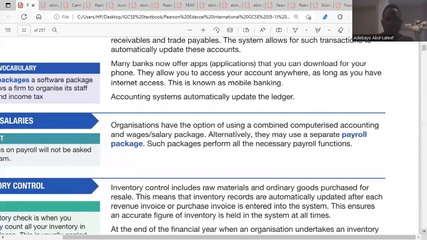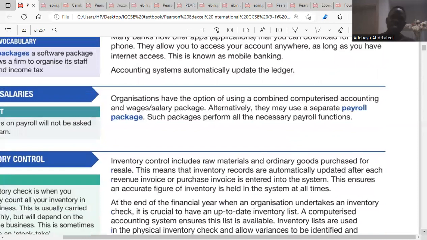Then we go to inventory control. For inventory control, I already talked about inventory destock. Inventory records are automatically updated after each revenue invoice or purchase invoice is entered into the system. So when you purchase from your suppliers, you receive an invoice, right? The invoice will be inputted into the system and it automatically updates, increasing your inventory.